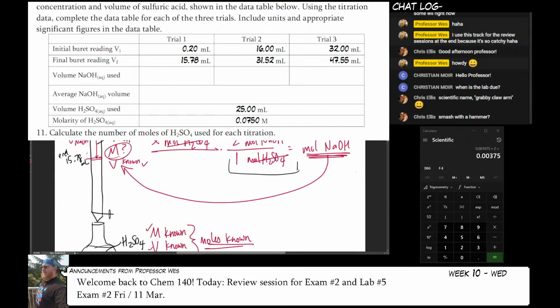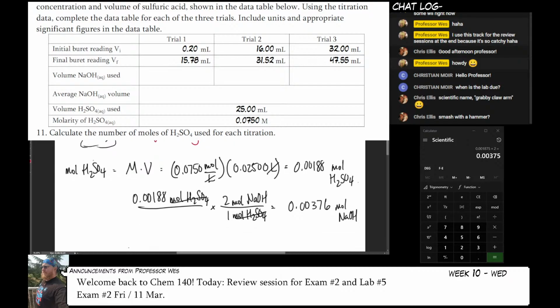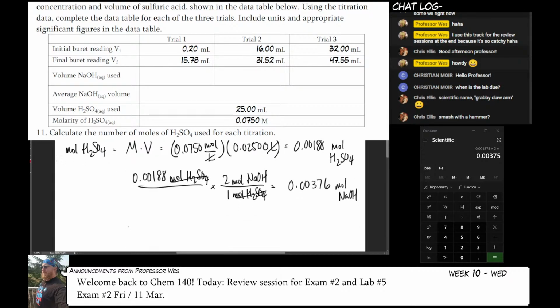So we know the volume now, so we can figure out the molarity. Because this is the number of moles that I have, right? So if M times V equals moles, then moles... Ooh, that's weird. That's not how that's supposed to work. I think the backdrop got changed to black there.